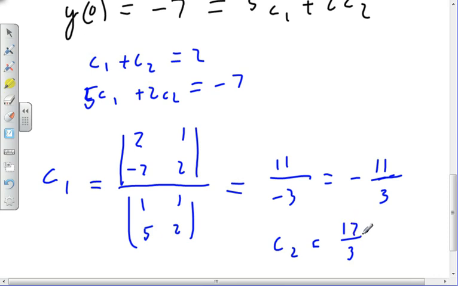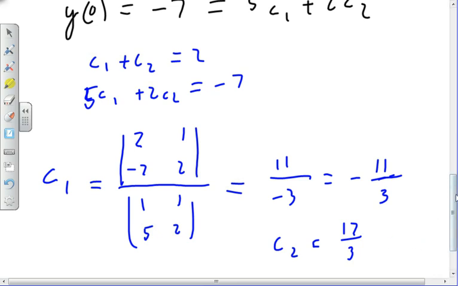I'm still checking my work now. 5 times 11 thirds with a minus sign plus 2 times 17 thirds equals minus 7.